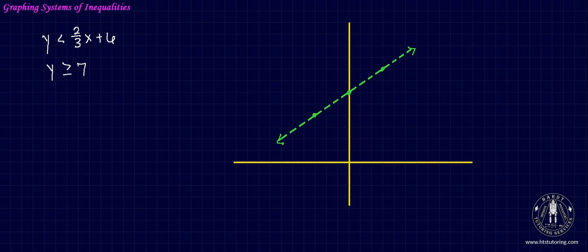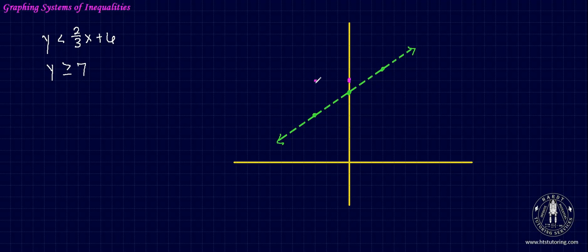Now we're going to graph y is greater than or equal to 7. In this case I don't have an x. If you remember, if we don't have an x, we don't care what x is. We only care what y is. And in this case, y has to be greater than or equal to 7, so y has to be 7 at all times. Let's go up 7: 1, 2, 3, 4, 5, 6, 7. There's a point on the line.